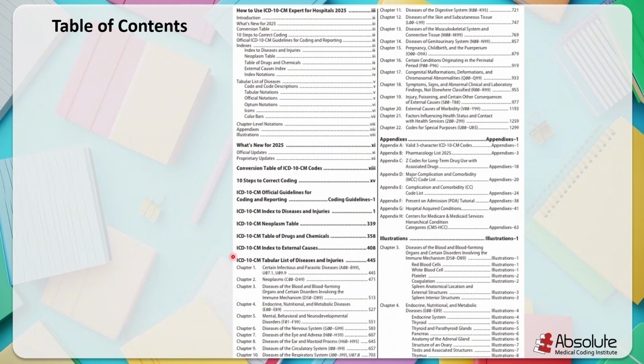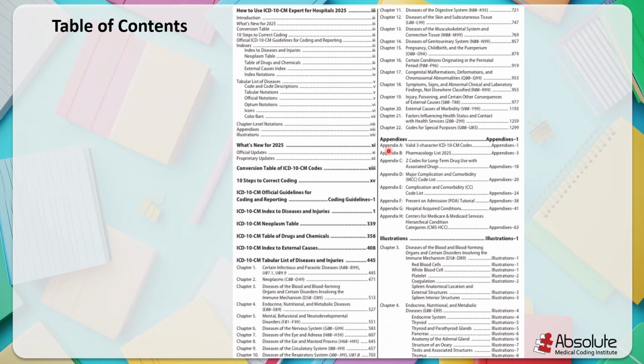Then, after you leave the index, you're now in the tabular list. And this is step 2 to looking up a code, right? So the tabular list is laid out chapter by chapter from chapter 1 through chapter 22. Then you have your appendices. Appendix A is valid 3-character ICD-10-CM codes.